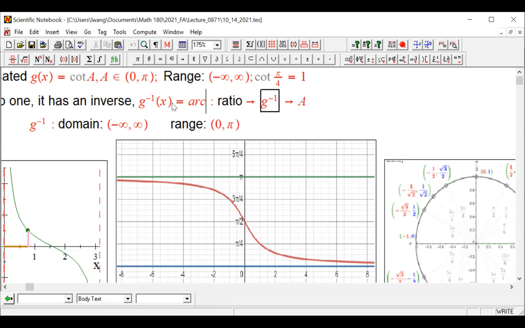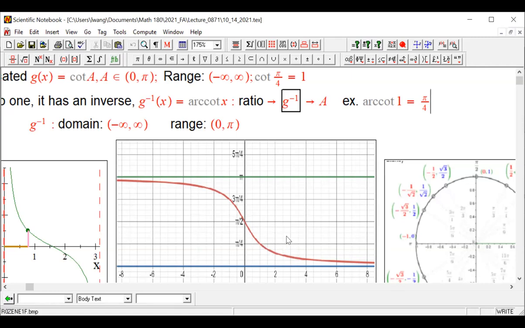So this is ArcCotangent. ArcCotangent would do what? Oh, okay. So this is an example, right? ArcCotangent will take 1 and produce pi over 4.